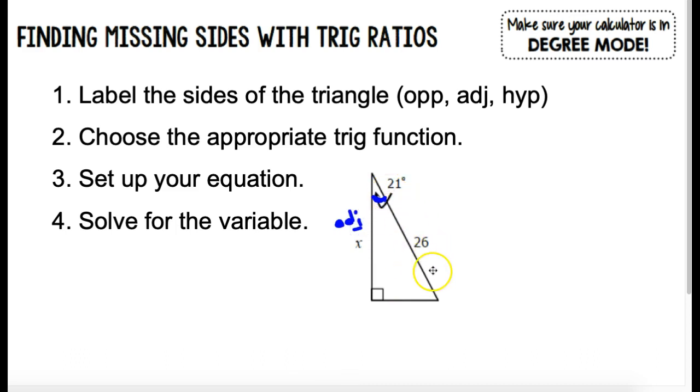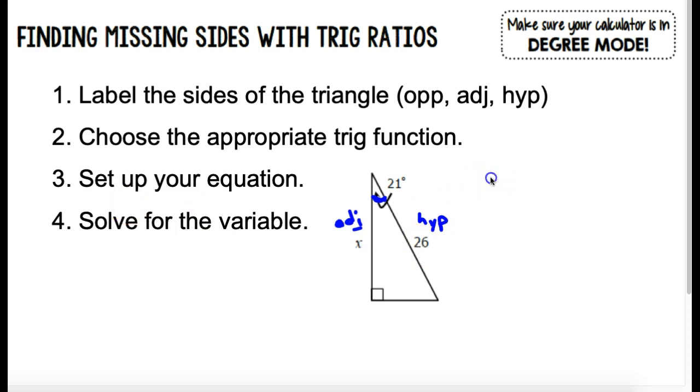And then the 26, since it is opposite the right angle, would be the hypotenuse. So the trig function that deals with adjacent and hypotenuse, if we're thinking again, SOH CAH TOA, that's cosine.